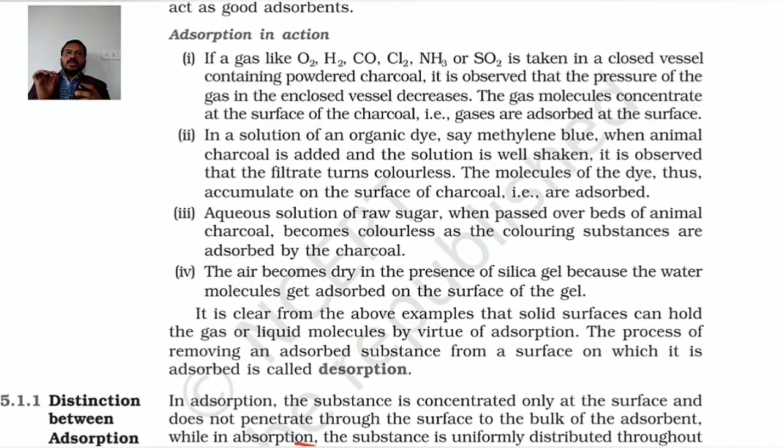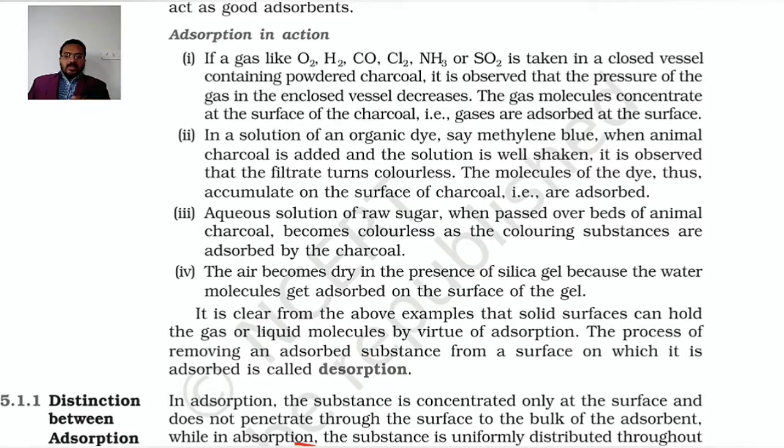Why? Because silica gel has the property of adsorbing moisture. So the water vapor inside the package will be adsorbed by the silica gel, and hence the electrical appliance or the leather shoe will be protected from the damage caused by water vapor or moisture.